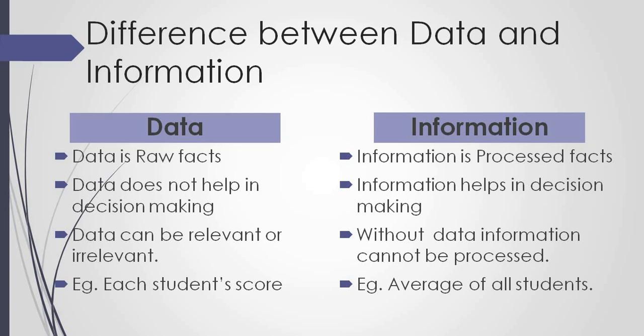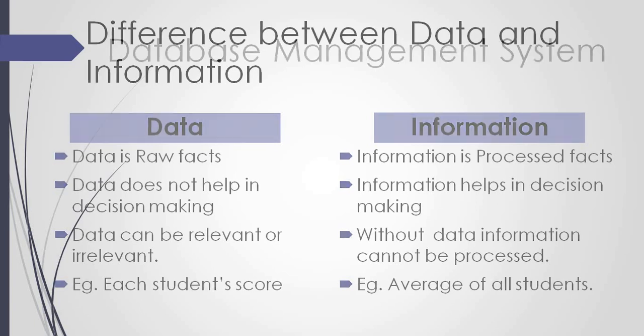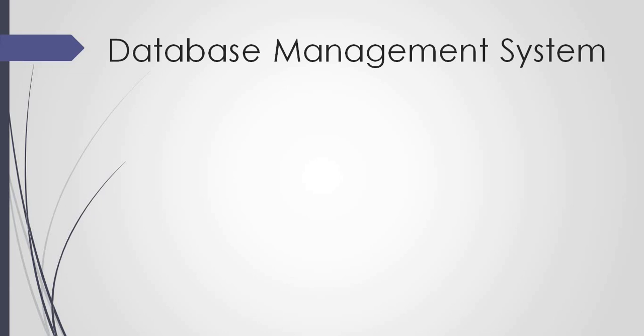Now coming to the next part, that is database management system. Now we know what is data, what is information, what is a database. So let us also look at database management system. Database management system is often written as DBMS. Database management systems are the software which are used for creating the data and maintaining that data.